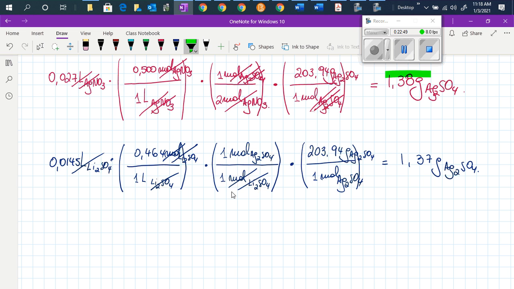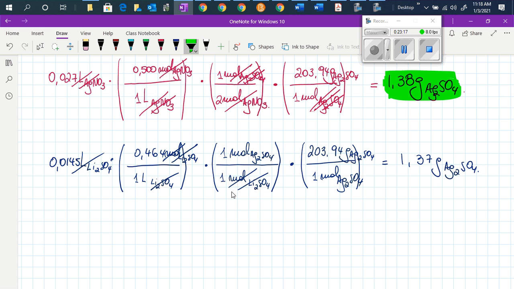So you have 2 pieces of information here. Both of them are reacting, but one is when silver nitrate is reacting, and the other one is when lithium sulfate is reacting.